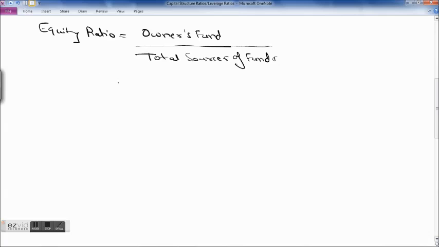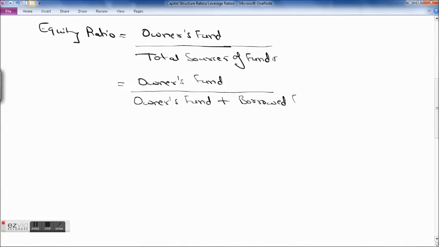That means owner's fund divided by owner's fund plus borrowed funds.